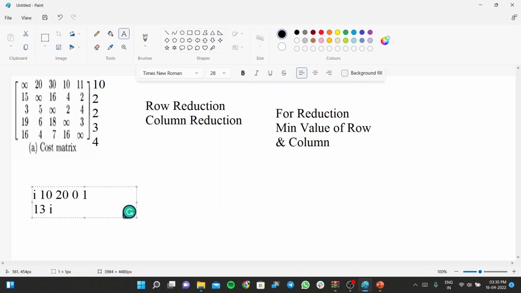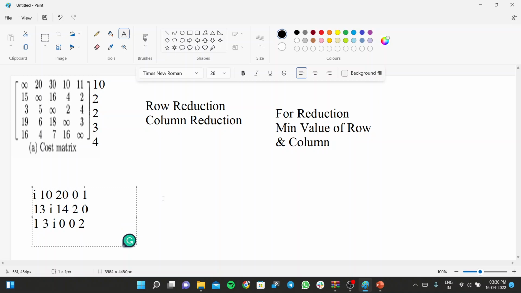16 minus 2 gives me 14, 4 minus 2 gives me 2, 2 minus 2 gives 0, 3 minus 2 gives me 1, 5 minus 2 gives me 3, infinite. And 2 minus 2 gives 0.